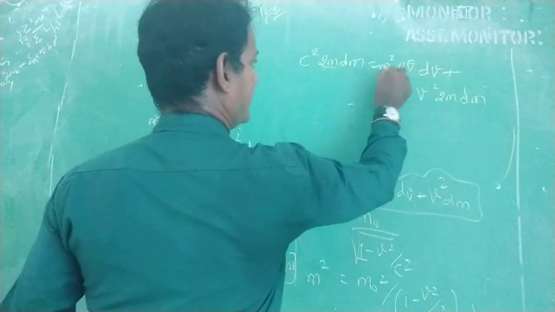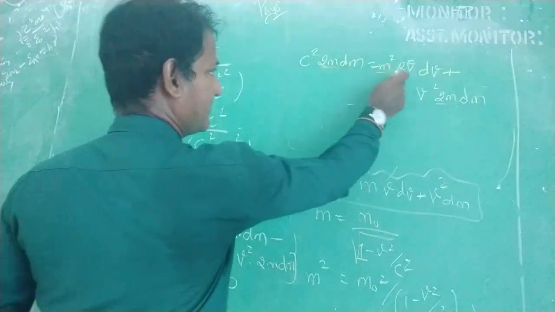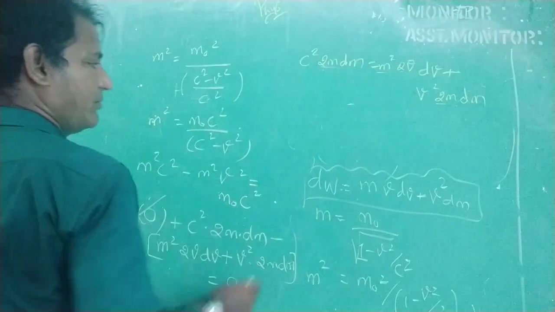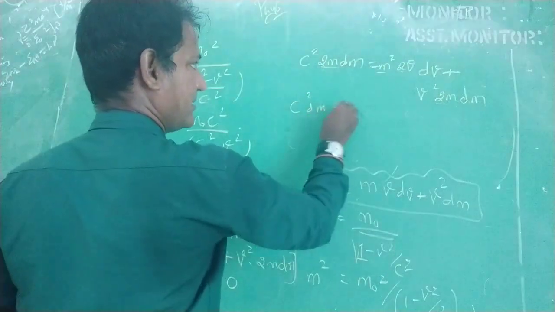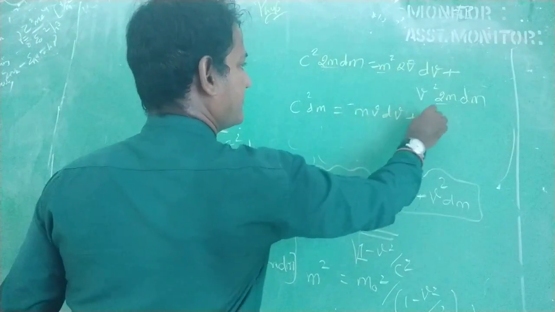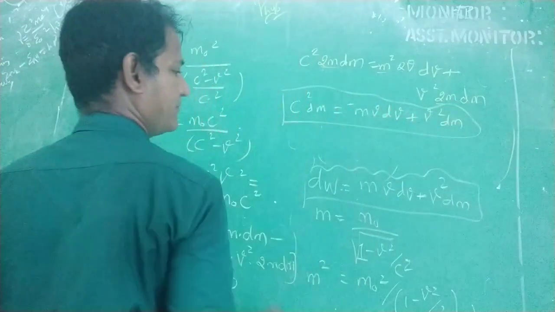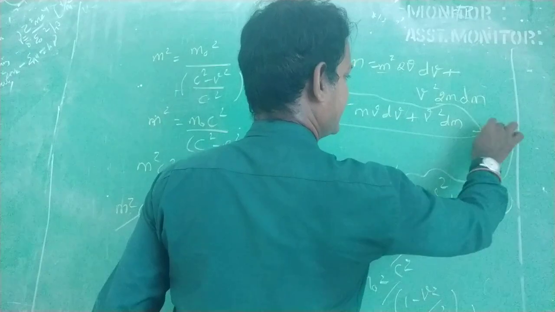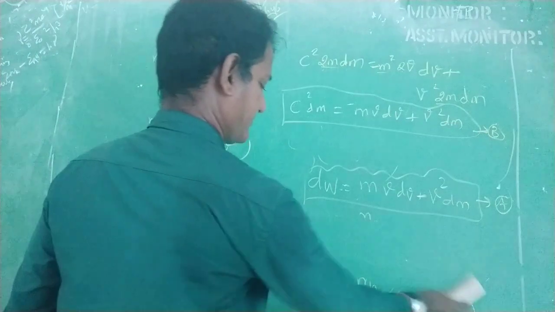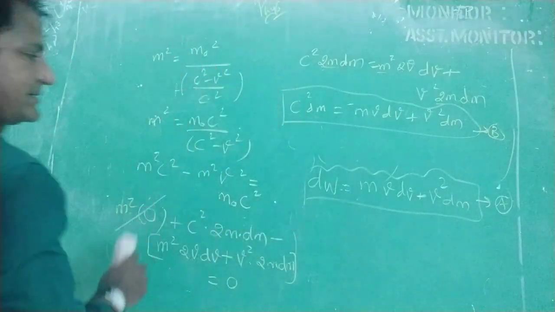Here 2m, 2m, 2m, so cancelling all the 2m, that is taking 2m commonly outside here, cancelling on both sides, we get this equation A. This equation B and equation A are compared.